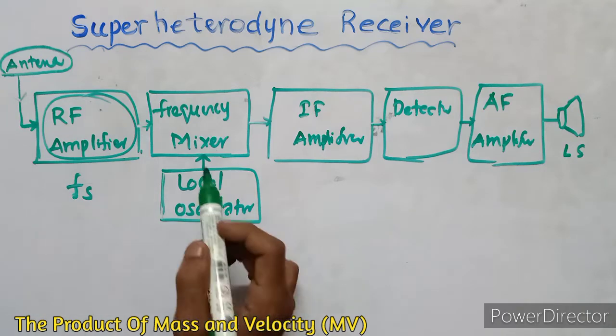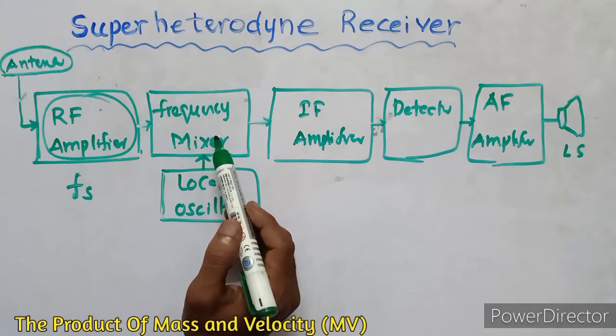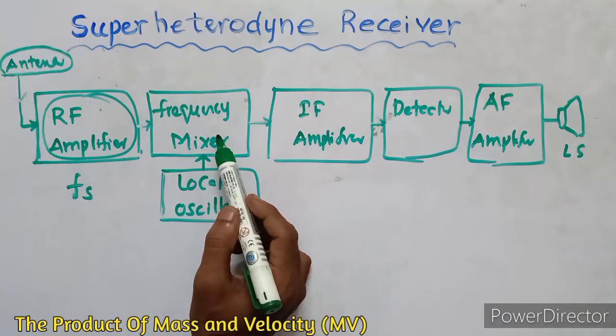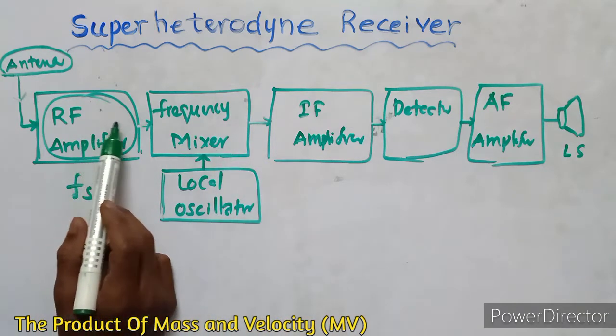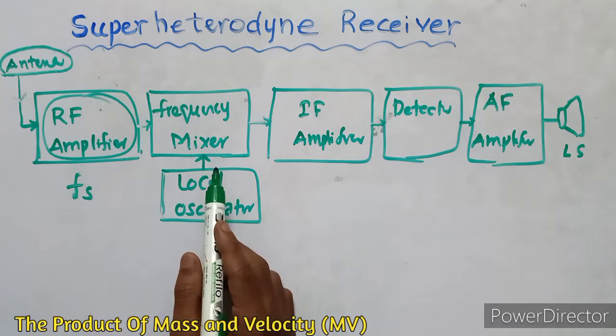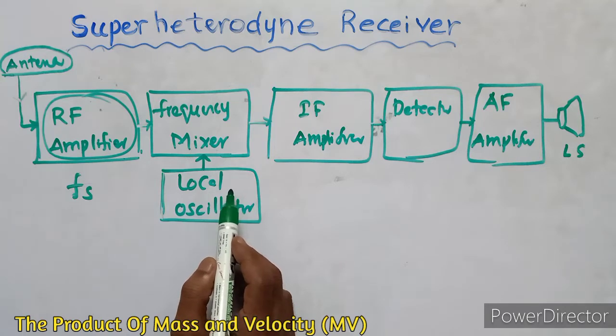So the next one is the frequency mixer. Here, this is the frequency mixer. The frequency mixer has two frequency signals as input. One is the radio frequency amplifier signal and another is the local oscillator signal. Then the mixer produces different frequency signals.